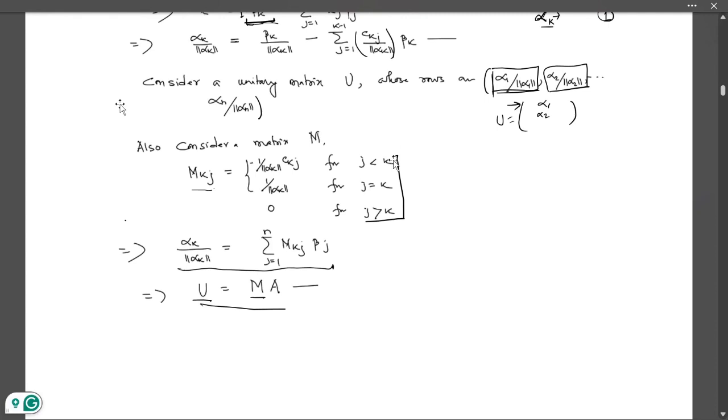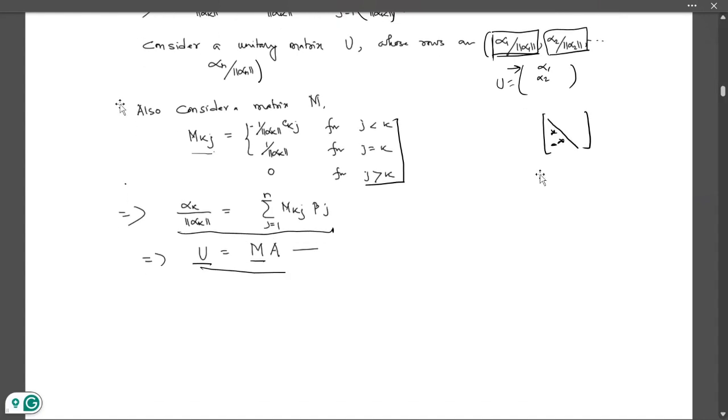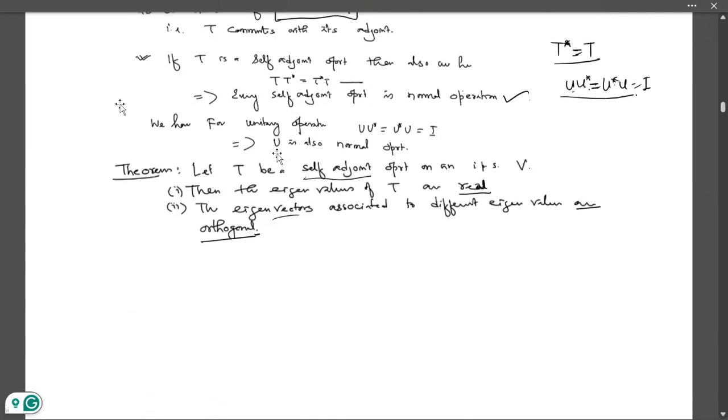When j is bigger, we are getting 0. So I think this is a lower triangular matrix. Yes, lower triangular matrix. So what are the diagonal entries? Diagonal entries are basically 1 by norm alpha k. Let's see.